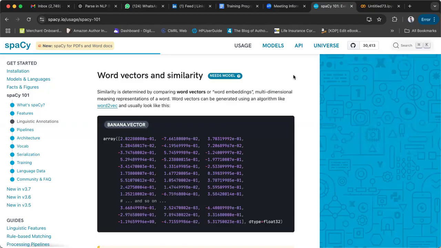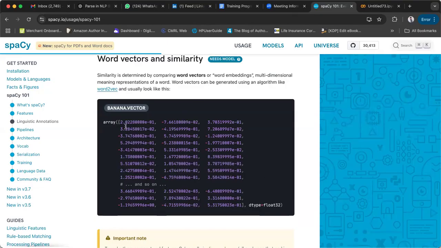The word vectors can be generated using an algorithm like Word2Vec, and they usually look like this. So what does it mean? If you just say banana, sometimes it refers to the fruit, right? And the same banana can refer to other things as well.